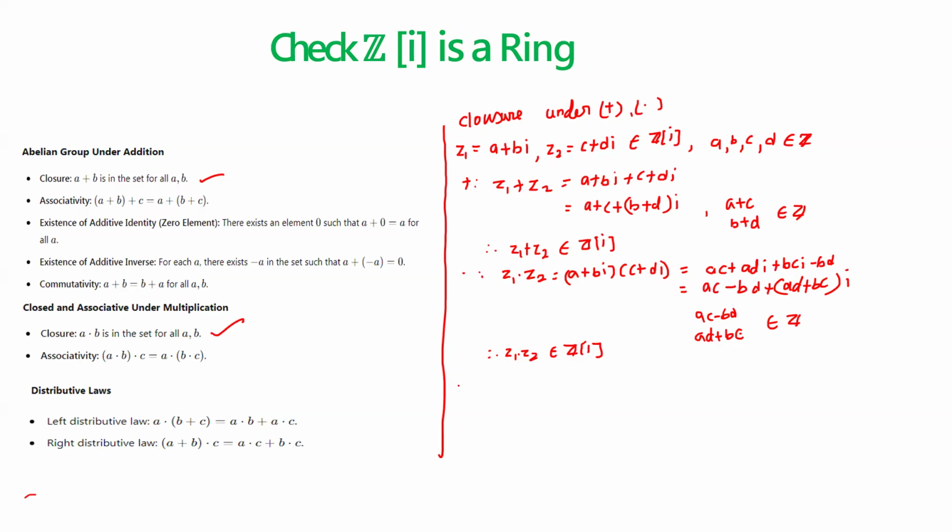Now we prove associativity of addition and multiplication. It follows directly from the associativity of integer addition and multiplication. So we skip this now. It directly comes from associativity of integers. So now we check the existence of the additive identity.